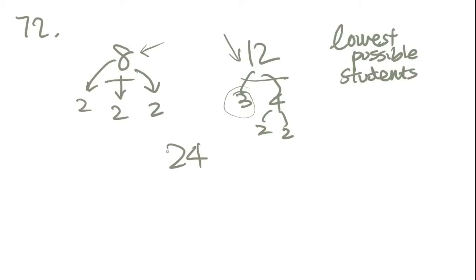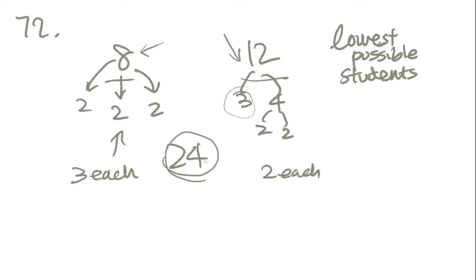Let's see if that would work. If you had 8 teams, there would be 3 people on each team. With 24, there would be 12 teams of 2 each. So 24 appears to be the answer. Yes, 24 is B, and that is the answer.